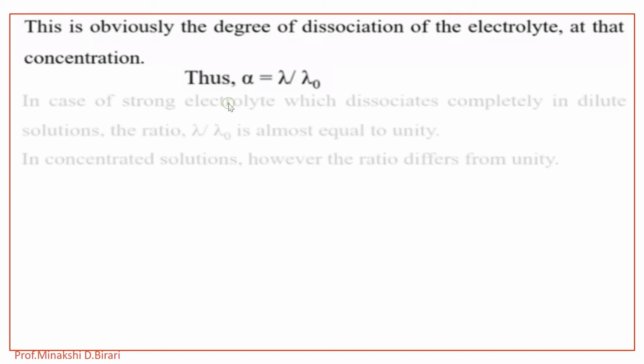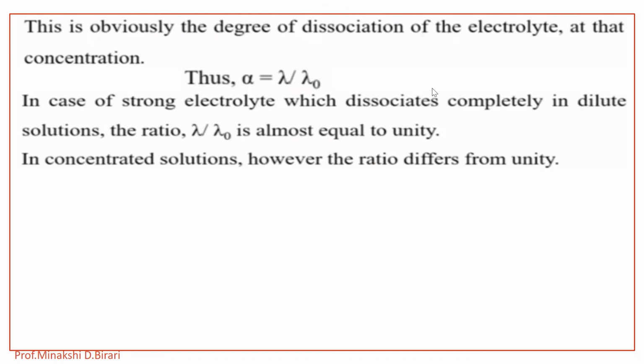In case of strong electrolyte which dissociates completely in dilute solutions, the ratio, that is lambda upon lambda 0, is almost equal to unity. Already in previous lectures we have studied about strong electrolytes and weak electrolytes.